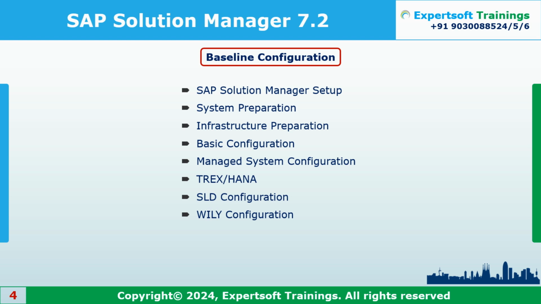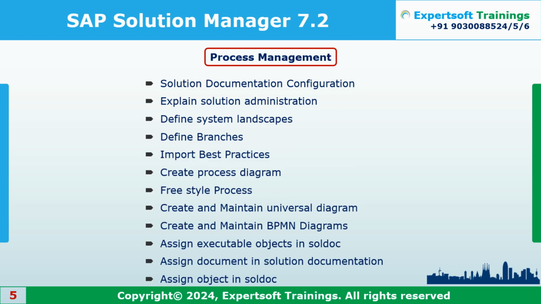In system preparation, we need to perform the SLD configuration, then in infrastructure we need to perform the Wily configuration. How we can perform that configuration, we will be seeing here. Once we are done with this configuration, we will proceed with the functionalities.